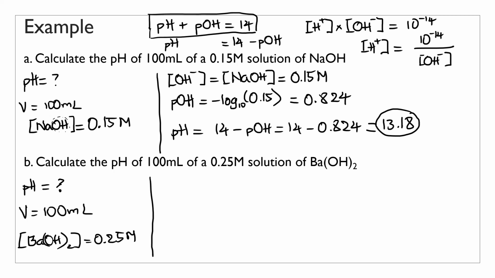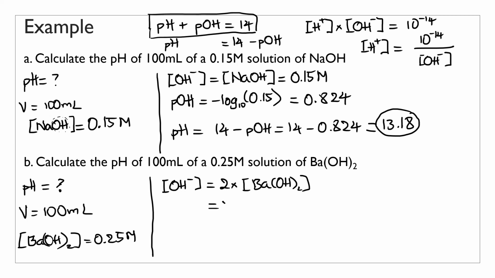So let's have a look at this formula. Barium hydroxide, there's a 2 here. So for every barium hydroxide substance, there will be twice the amount in hydroxide ions. So the concentration of hydroxide ion is actually going to be twice the concentration of barium hydroxide in this case.